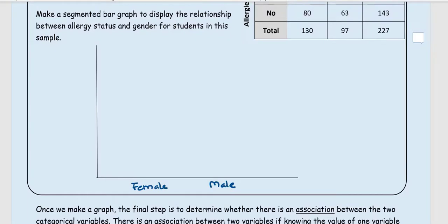So over here on the y-axis, I'm going to put percent. I'm going to always start down here at 0, and I'm going to go by 20. So we have 20, 40, 60, 80, 100. We're also going to start a key, and we're going to do allergies.